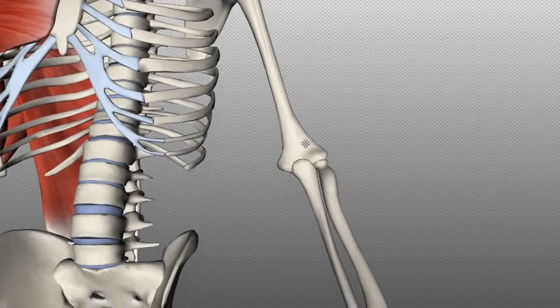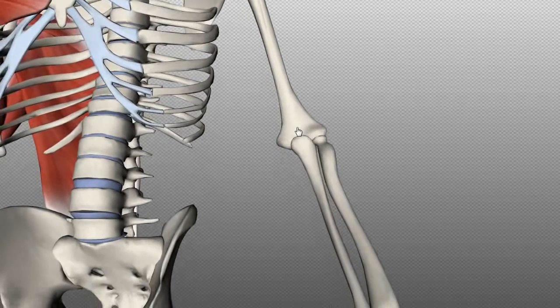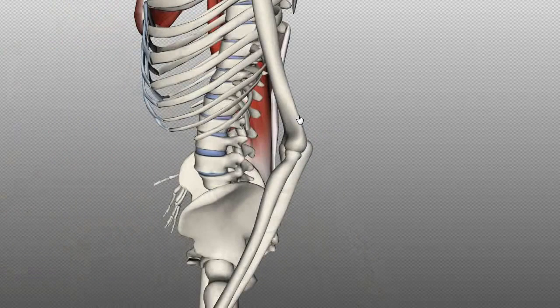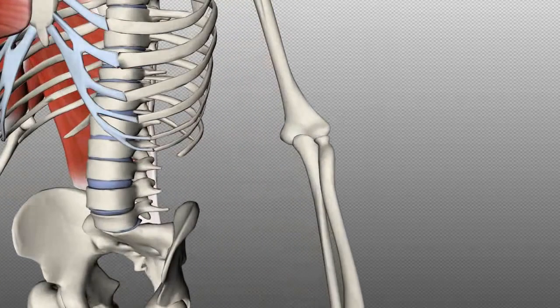And what most commonly happens is that the distal fragment displaces backwards. So it will fracture here, and this portion, the distal fragment, will slip backwards, and the proximal fragment will slip forward. And this is important to know because the brachial artery runs anterior to this bone.